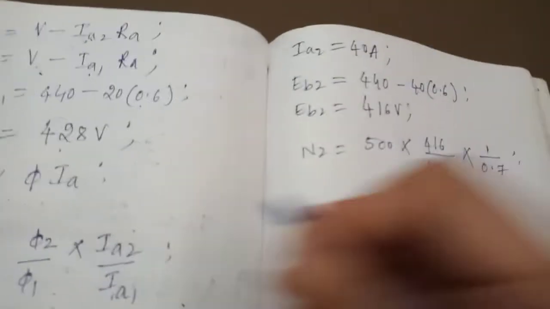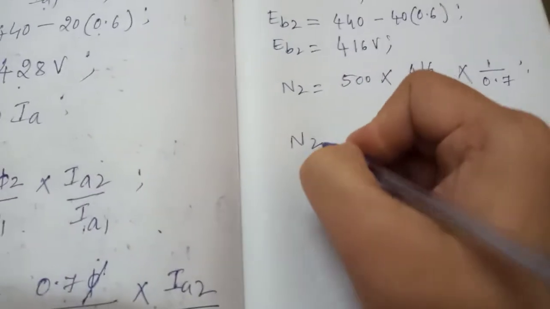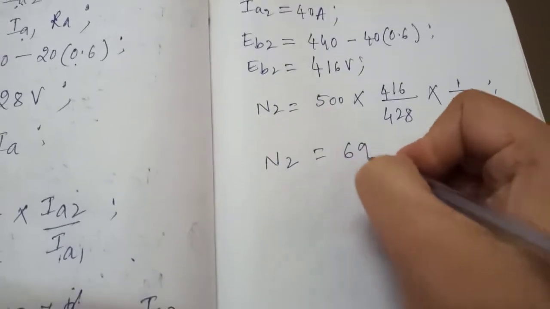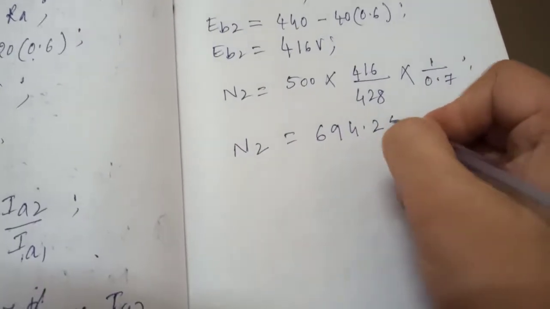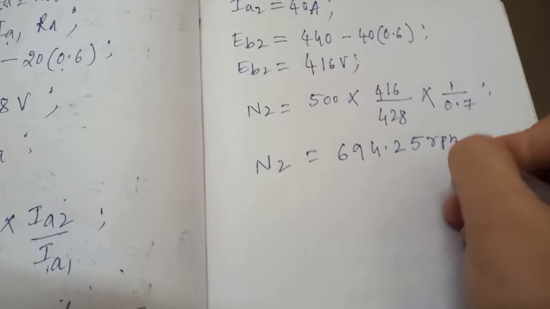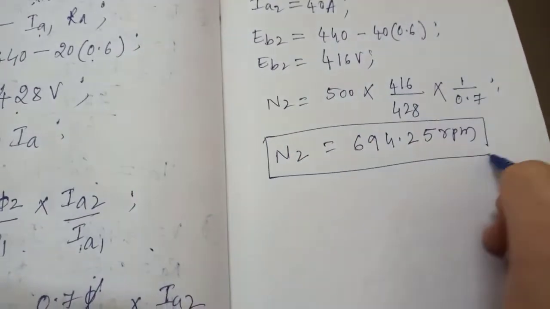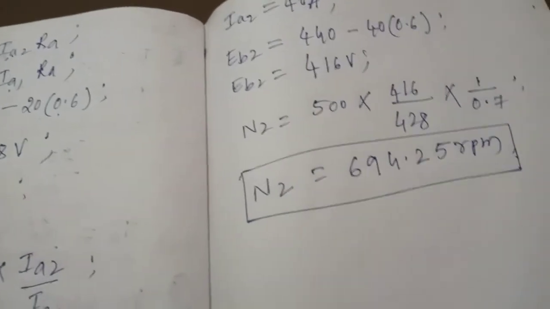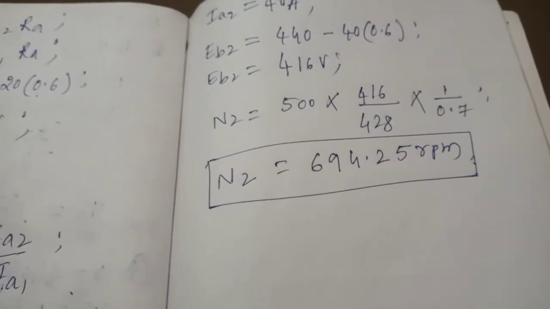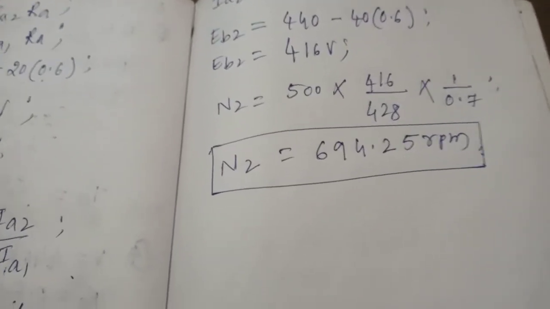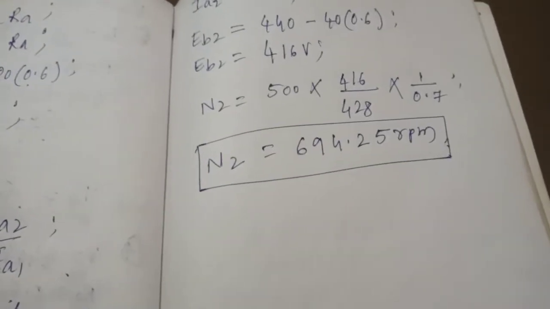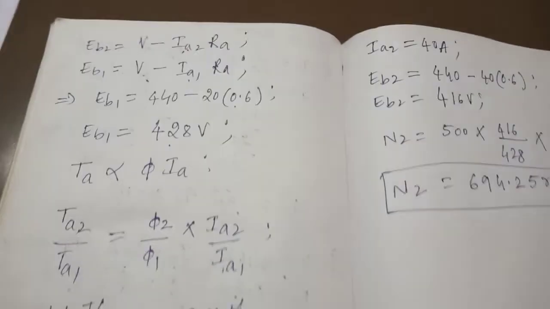Now if you do this, then you will get 694.25 rpm. This is the new value of the speed when the flux is decreased by 30% so that the torque is increased by 40%. So this is a typical and difficult problem.